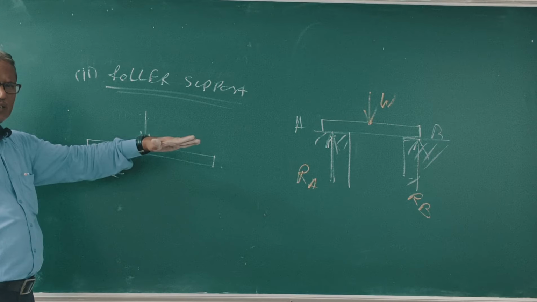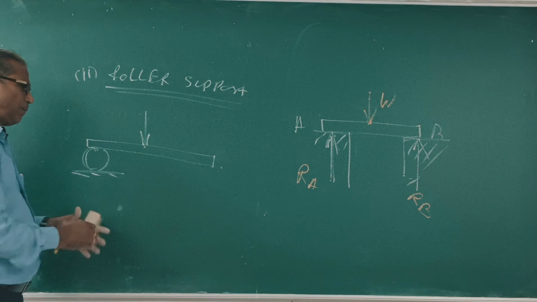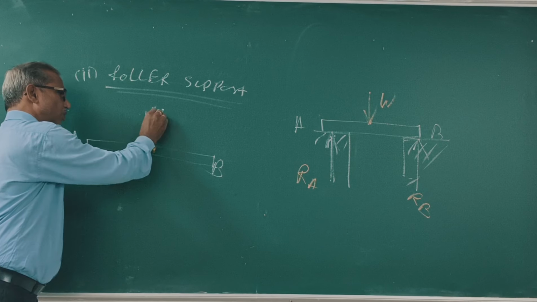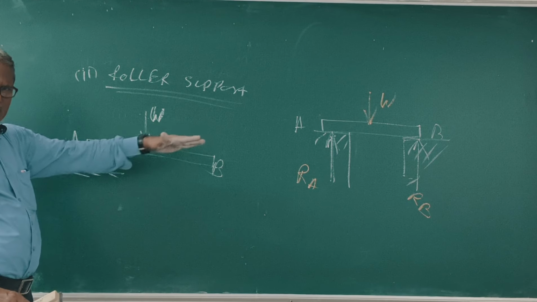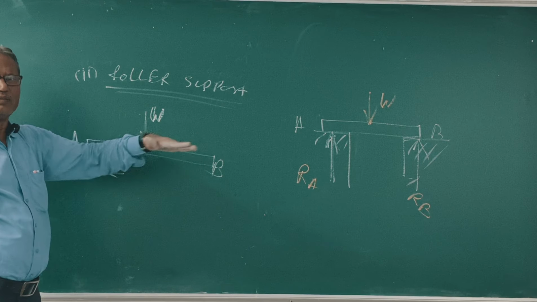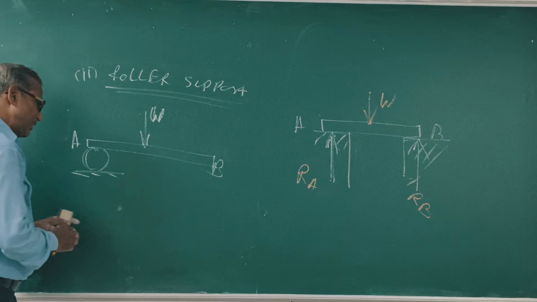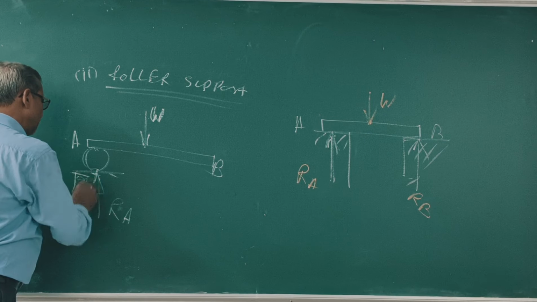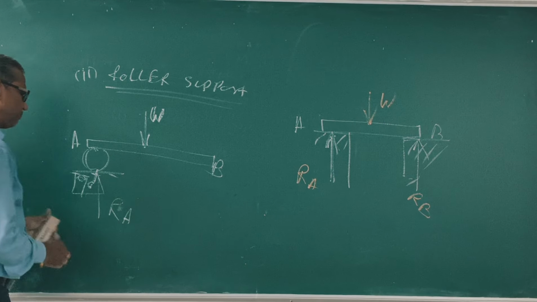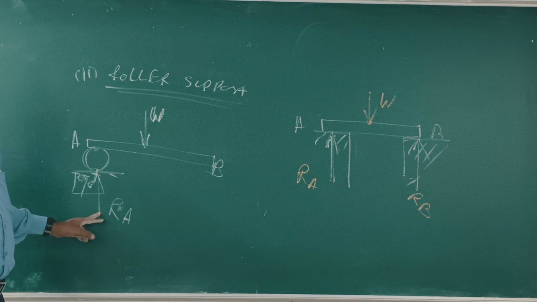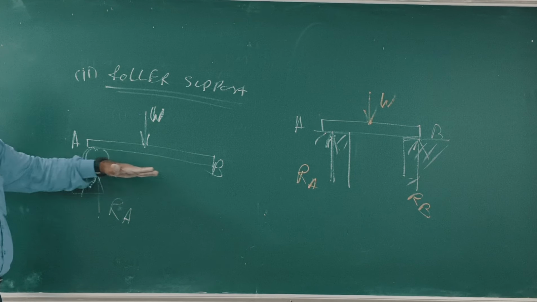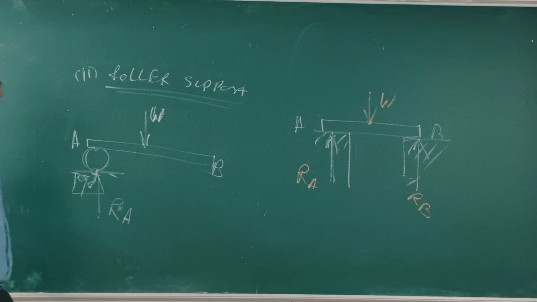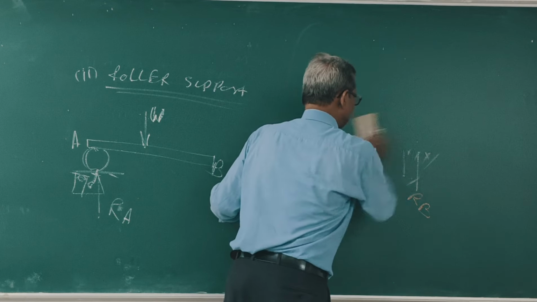Linear means what? Lengthwise, AB. This is load W. The beam can move linearly. The reaction is normal to the support. RA, 90 degree, normal to the support. The roller is horizontal, the support is horizontal, so the direction of the reaction is vertical. Suppose the support is like this.